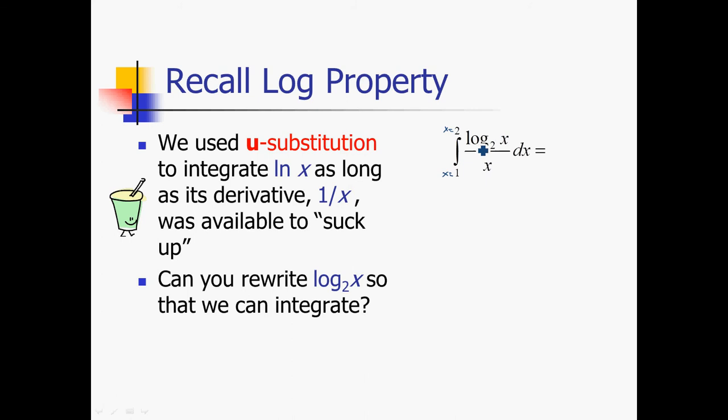Remember we had 1 and 2. 1 over ln 2, and then we had ln of x, we raised it to the first, times 1 over x dx. This was our u, and this was our du.